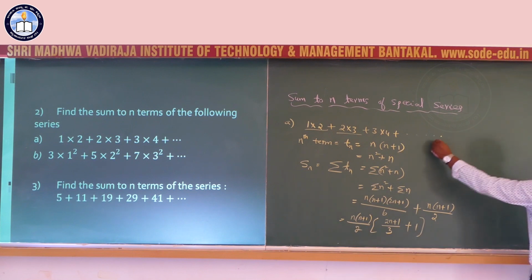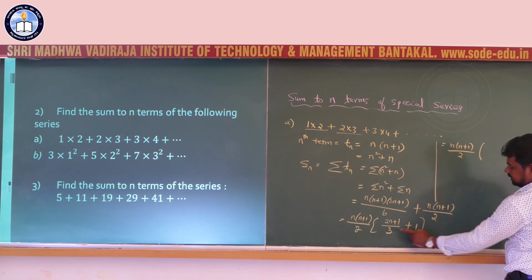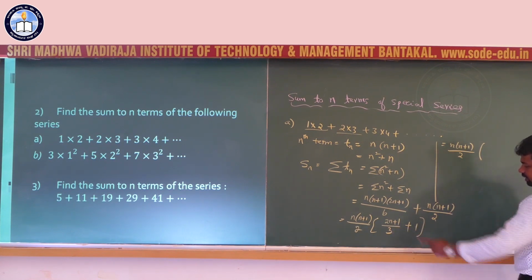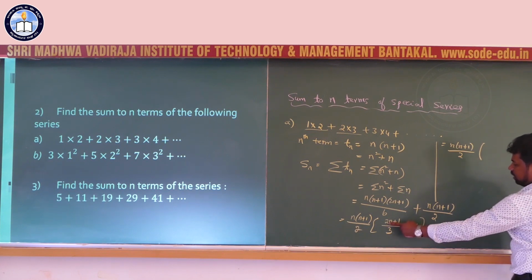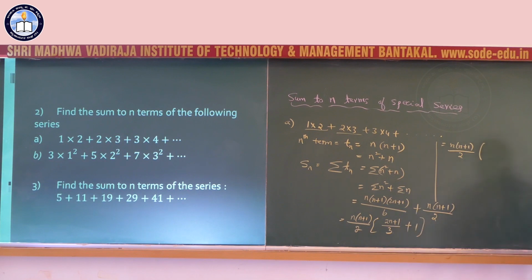That is equal to n into n plus 1 by 2 into, here take LCM, 3 is the common denominator, 2n plus 1 plus 3, that is 2n plus 4.